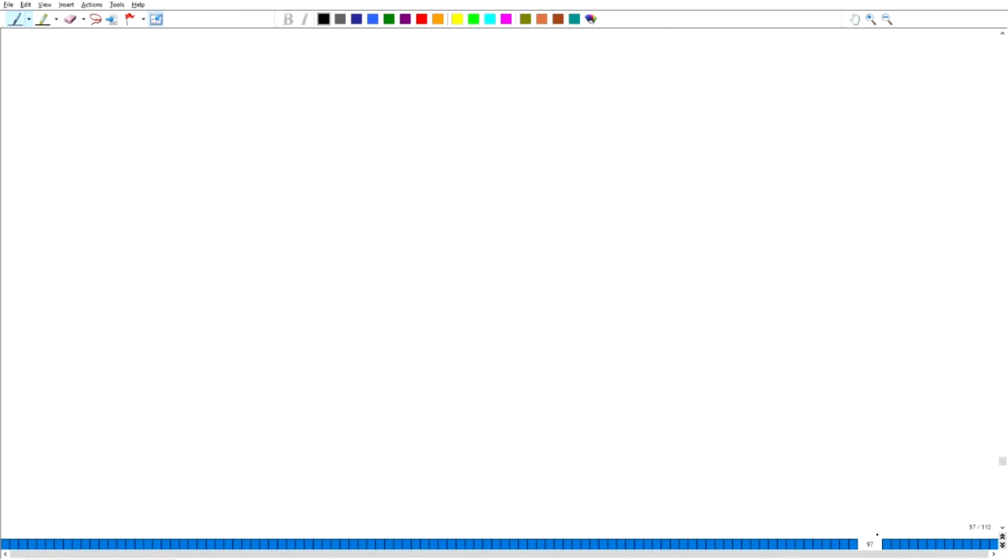So, first let me describe the canonical form. A linear program is said to be in its canonical form when you are minimizing c transpose x subject to the conditions that Ax is equal to 0, a transpose x equal to 1 and x greater than or equal to 0. Okay. So, you can see that it is slightly different from the standard form.